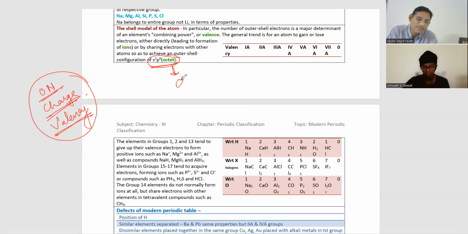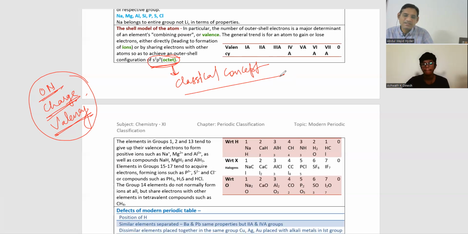That's a classical concept. If you remember this point, you will never make any mistake in chemistry. Each and every element tends to have 8 electrons in the last shell, because when 8 electrons will be there in the last shell, that state will always be the more stable state. Is it okay?